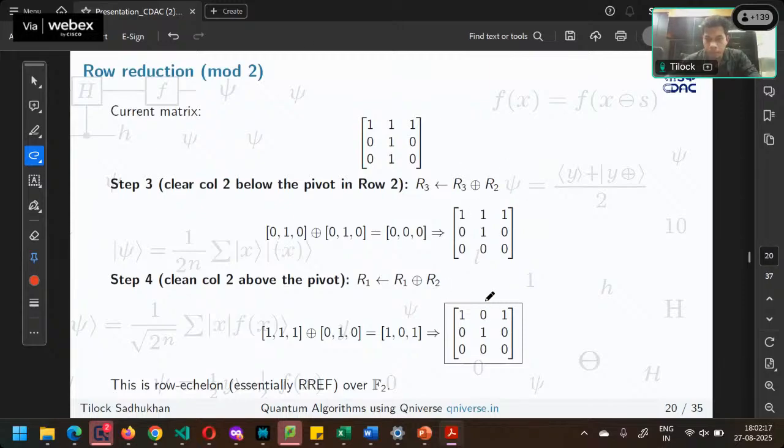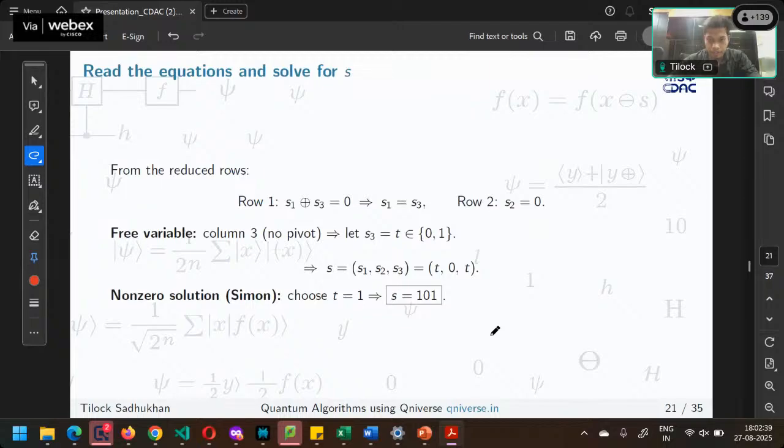From this matrix form, we could proceed further and do some other operations, but we can actually solve it from here. We don't need to apply any further operations, so we can solve it by putting in the s.